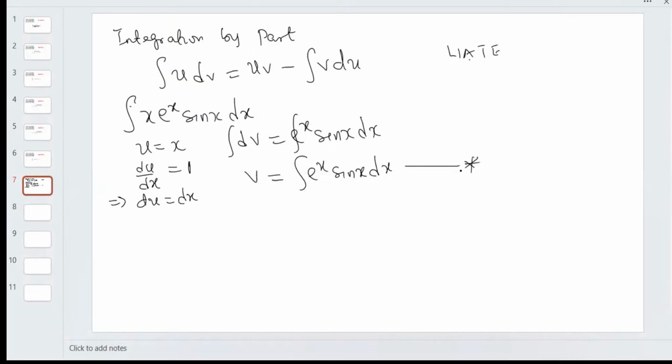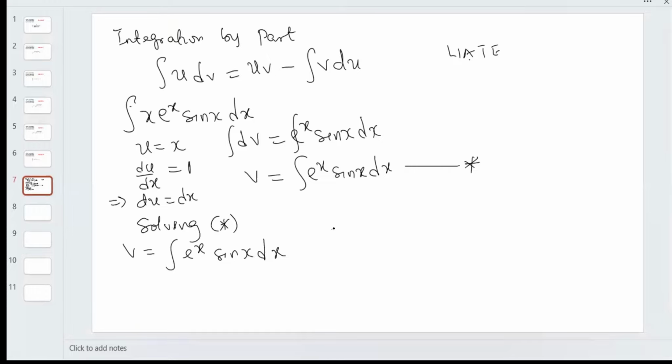So I'm going to label this star, and then we're going to go ahead to say solving star now. We want to solve this part, and I'm going to use the same approach. But right now, instead of using u and v, in order not to complicate things and confuse us, I'm going to use f and g.